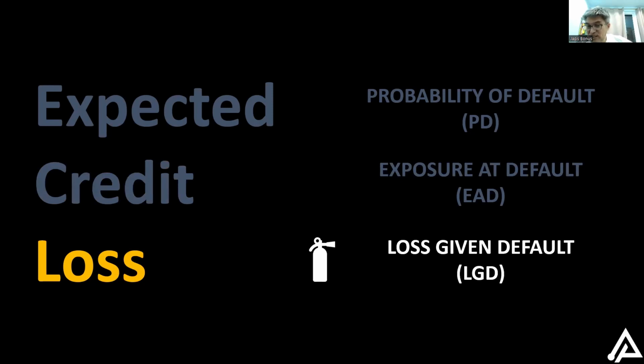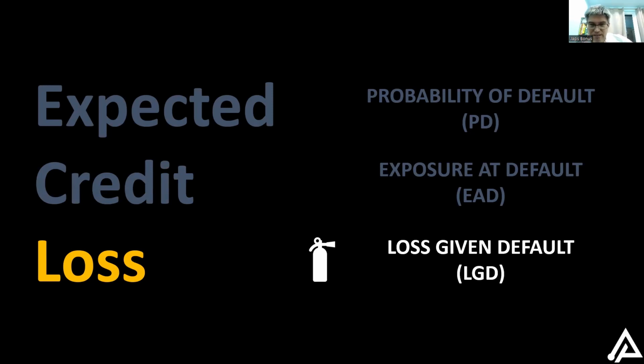Loss given default is the amount of money I can still recover. Let's say if there's a collateral, that loss can be mitigated by converting that collateral into cash by foreclosure and eventual sale. Or if I can generate recoveries from all other assets of the company.